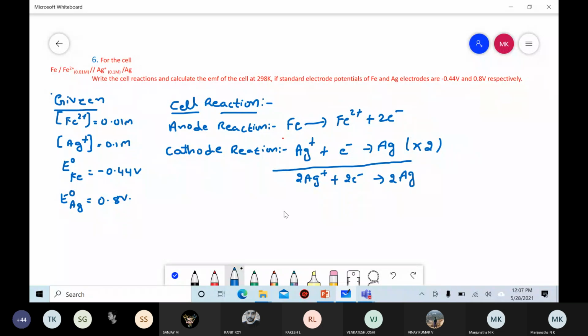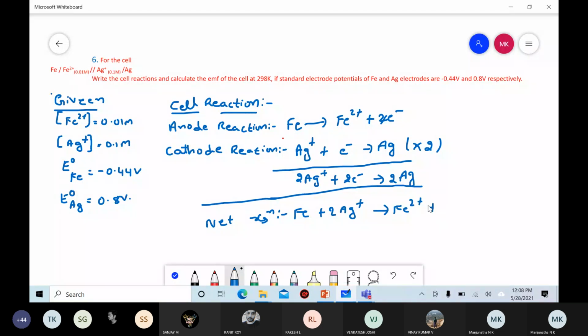So now you write down the net cell reaction. The 2 electrons get cancelled, remaining Fe plus 2Ag+ gives rise to Fe2+ plus 2Ag.